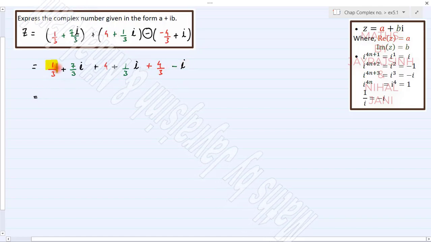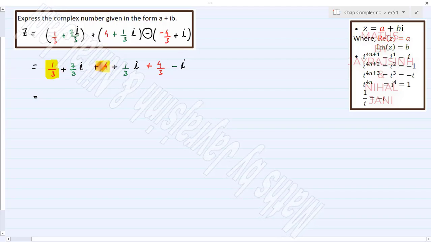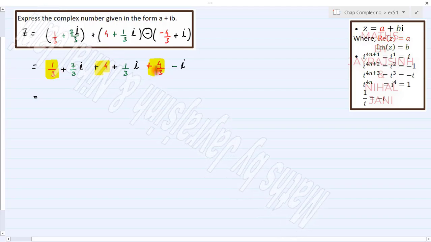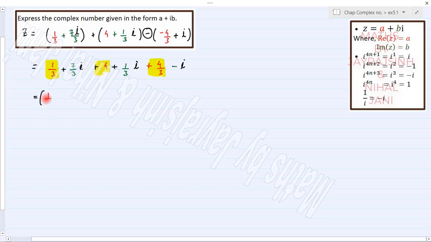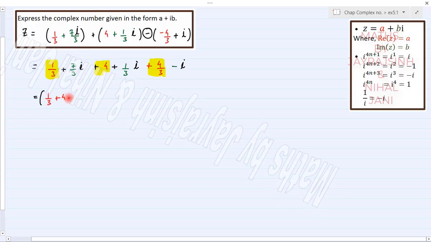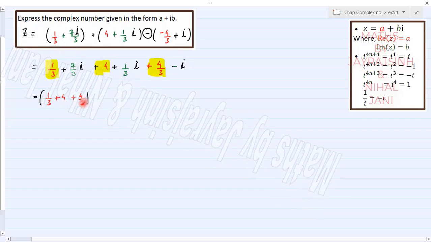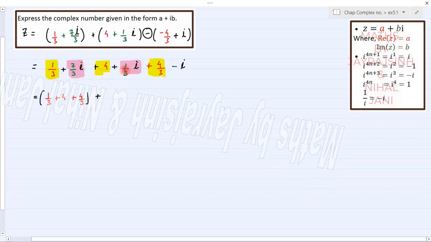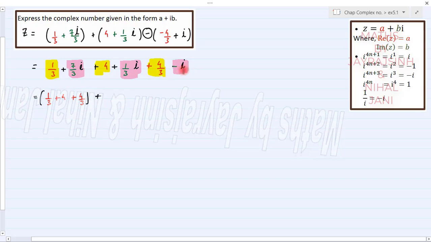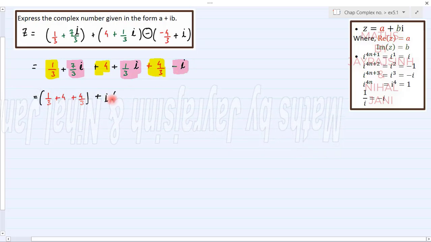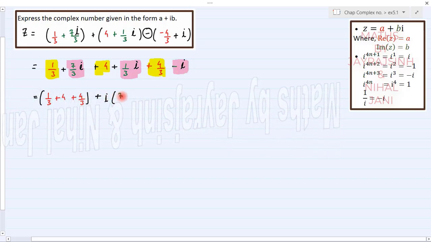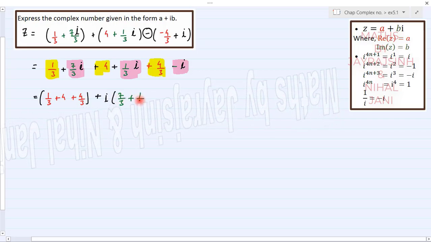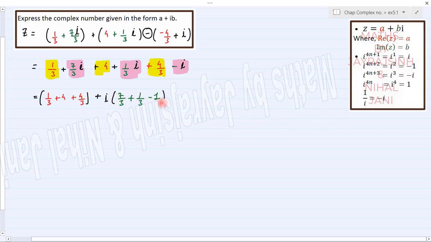Now let's collect all the real numbers to get real part. So 1 by 3 plus 4 plus 4 by 3 are the real parts, and from the rest of the terms which are imaginary part, we can take i common. So we will get 7 by 3 plus 1 by 3 minus 1.